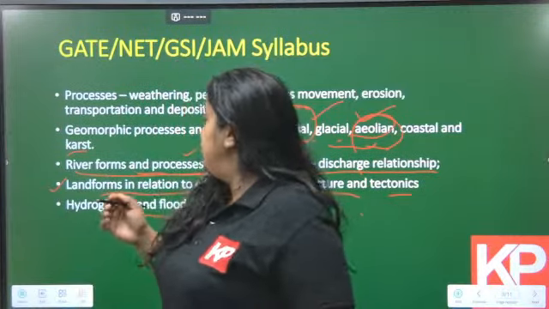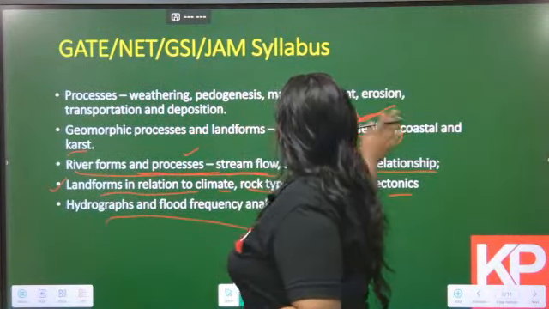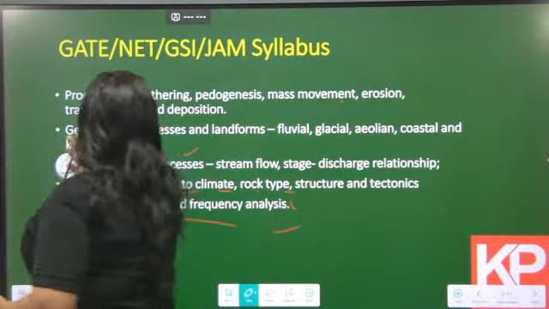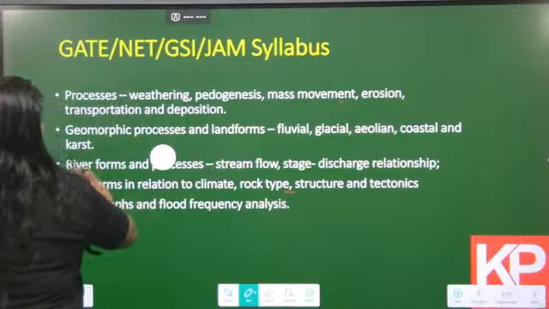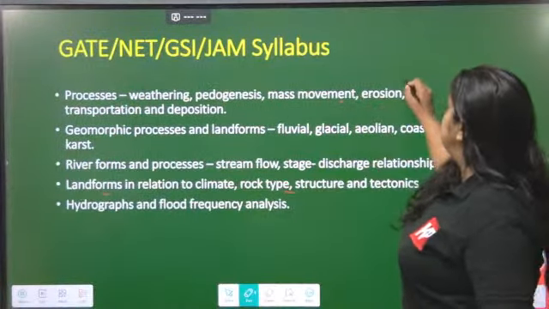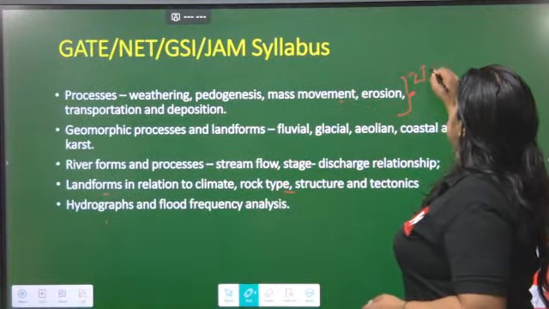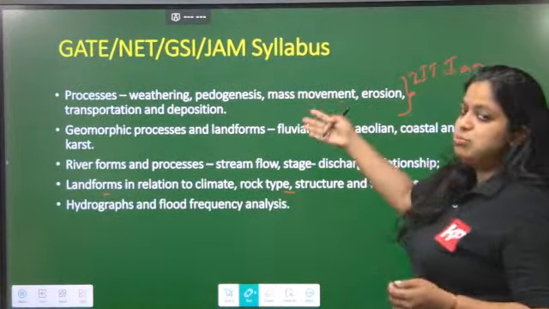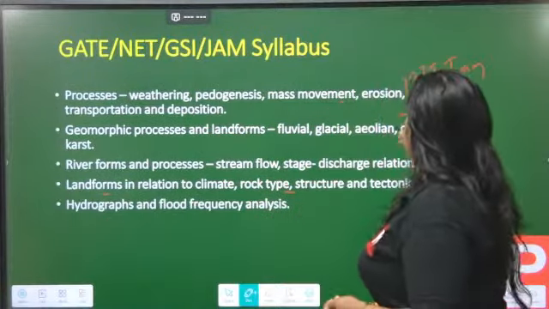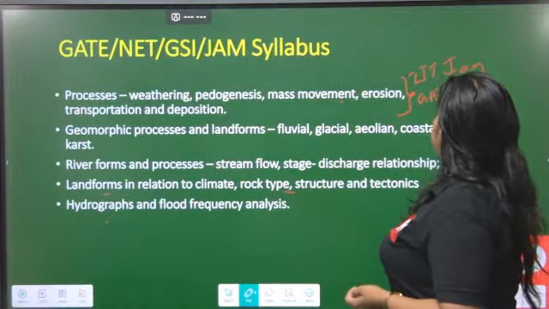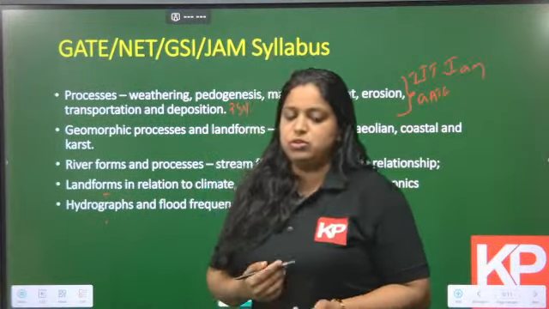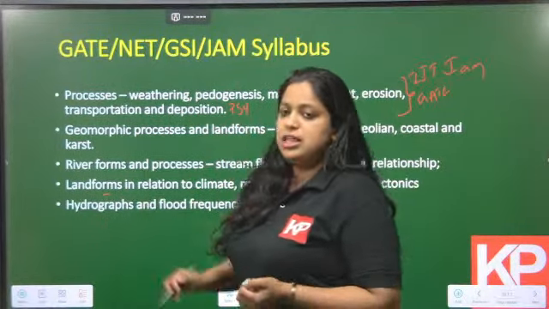As I said, if I divide each of these topics based on the exam and their importance, the first chapter is processes: weathering, pedogenesis, mass movement, and erosion, transportation, deposition. This is very important for the IIT JAM examination, and they sometimes ask from this section in GATE also, rarely, and in state PSUs also they ask questions from this section.